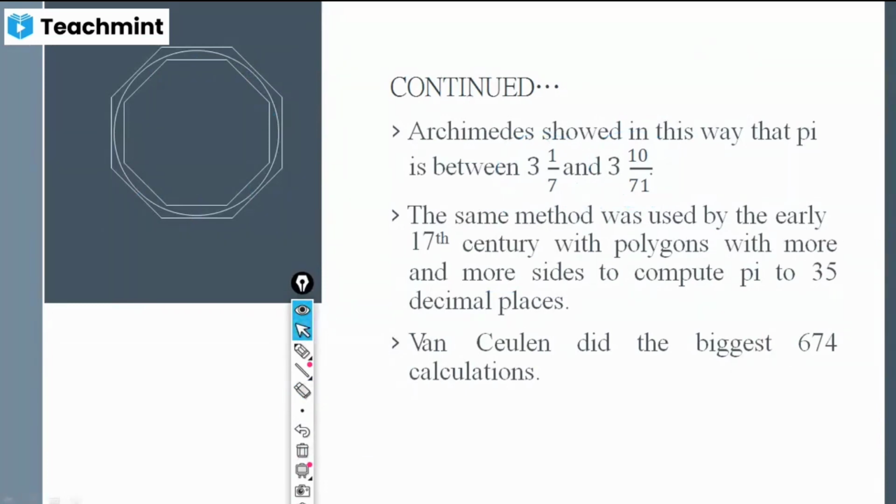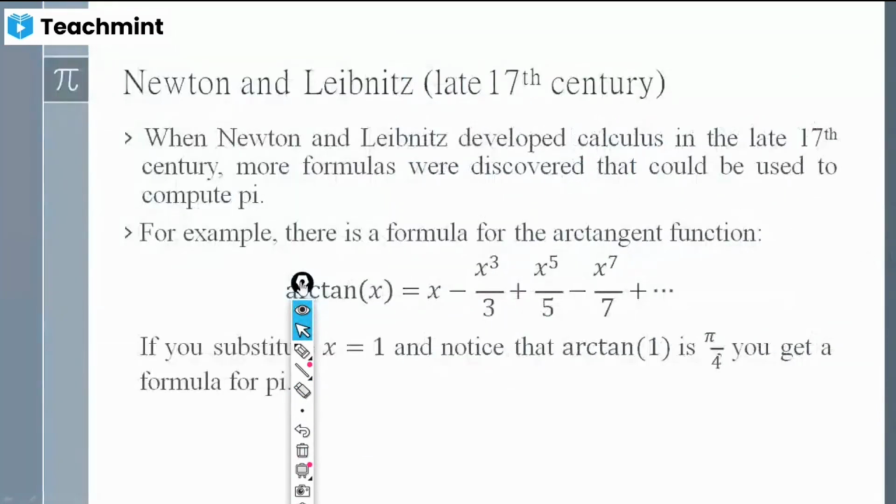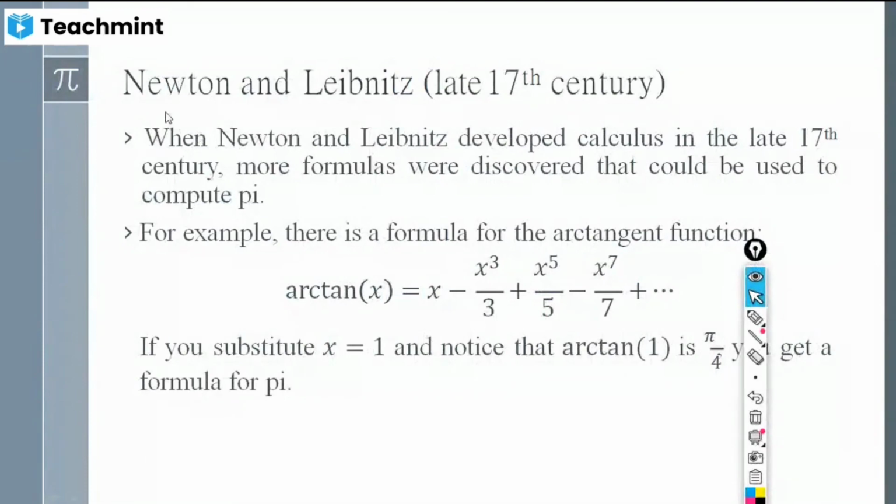Later, as I told you, when it comes to Newton and Leibniz, they used the method of calculus. By using calculus, more formulas were discovered that they used to compute pi. For example, this is a formula with the arc tangent function to find the value of pi.